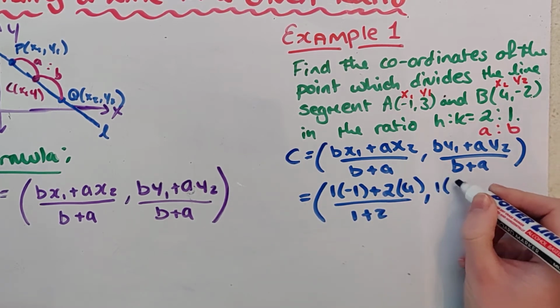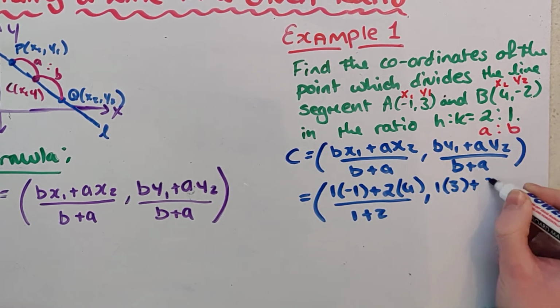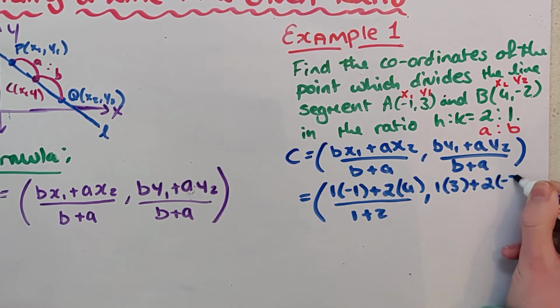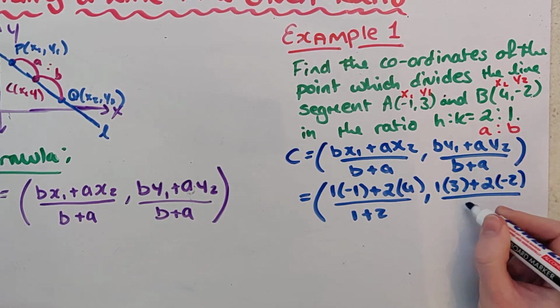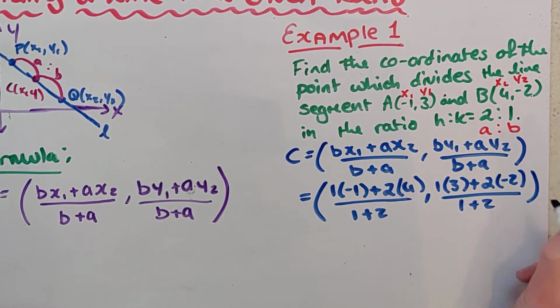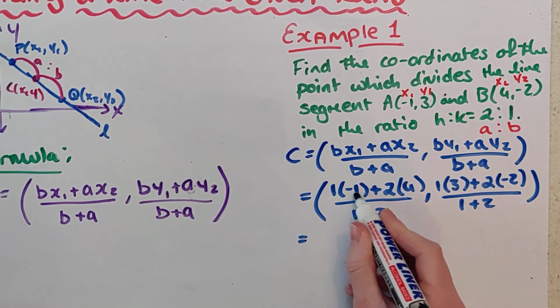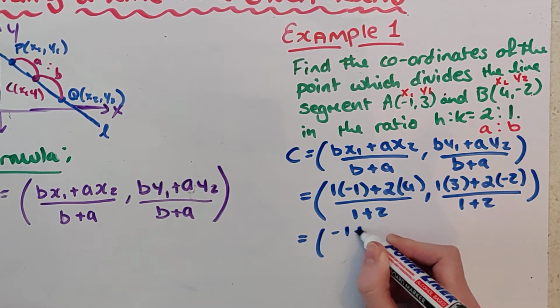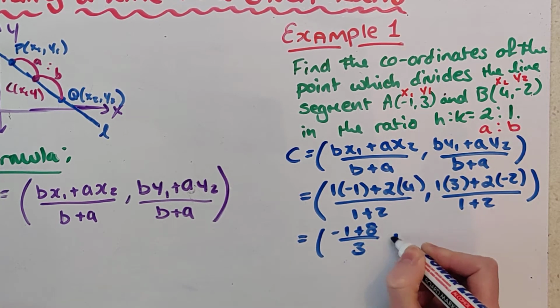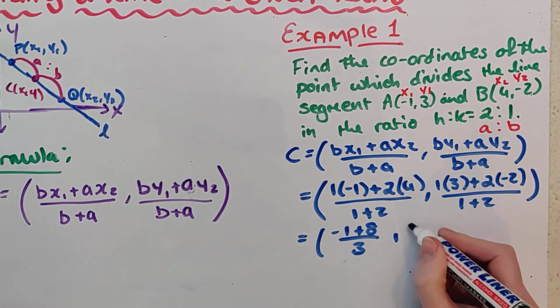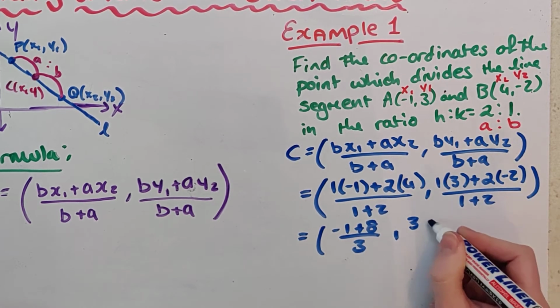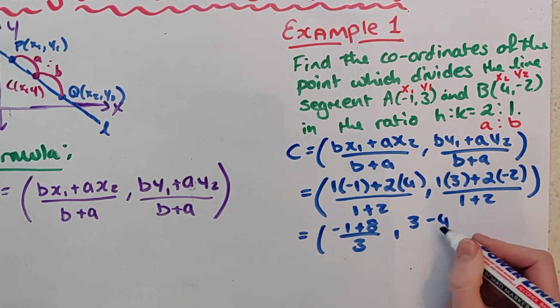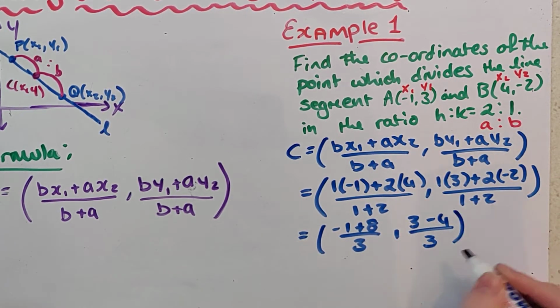Then we have 1 by y1, which is 3, plus a, which is 2, by y2, which is -2, all over 1 plus 2. Now I have 1 by -1 is -1, 2 by 4 is 8, all over 3, comma, 1 by 3 is 3, 2 by -2 is -4, all over 3.